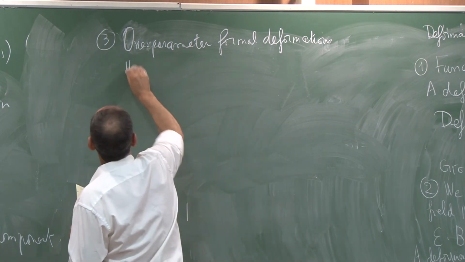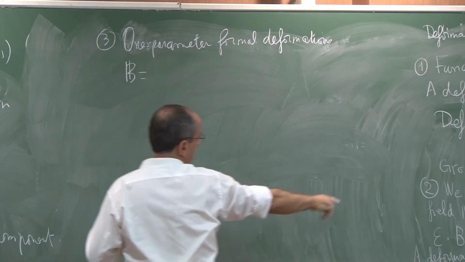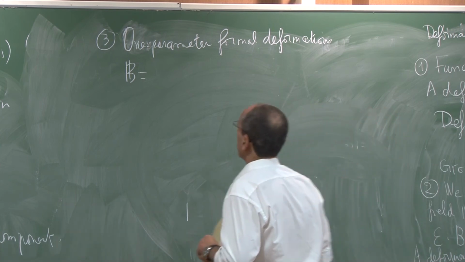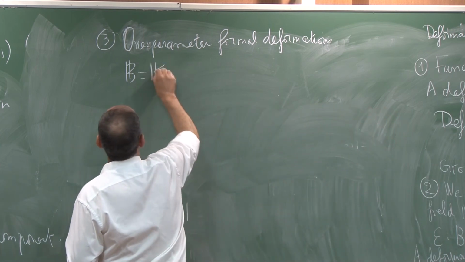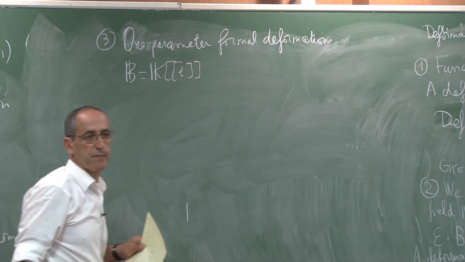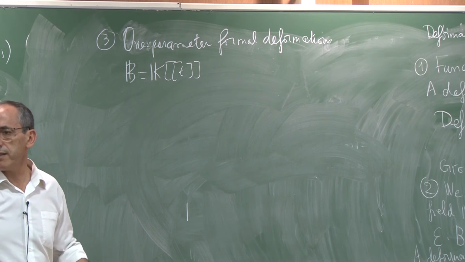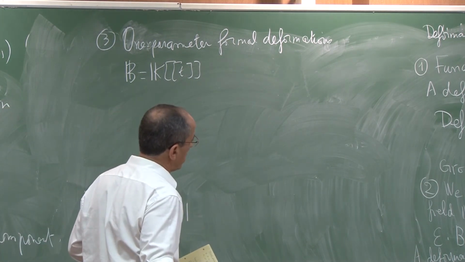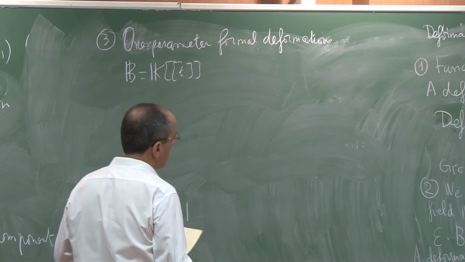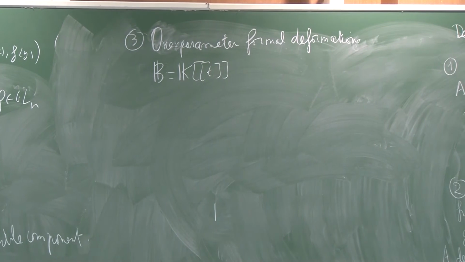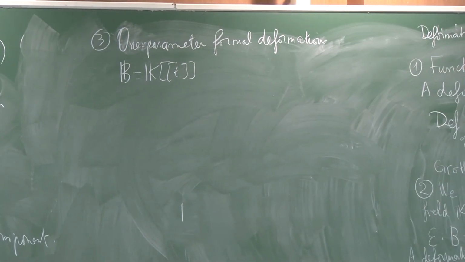In fact, here we use this B, which is the base algebra for the deformation. It's just K[[t]], the formal power series ring in t. It's a commutative algebra. So it's formal power series over which algebra? Over K. Yes.